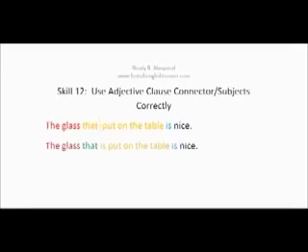So I can't say that the glass that put, because the glass is put, but the glass doesn't put. This is how we know. So this is why we say we need a subject here. Today in this skill we're talking about adjective clause connector subjects.